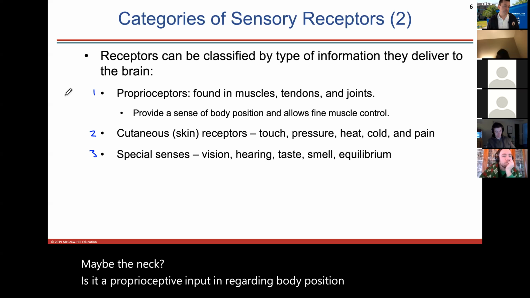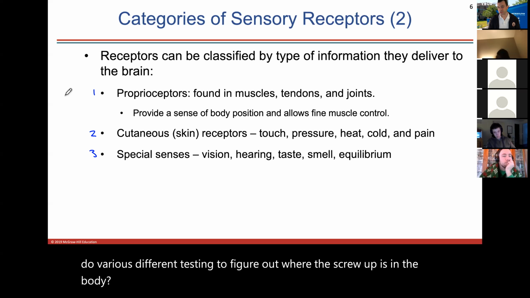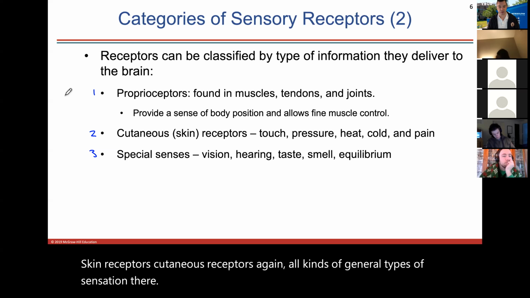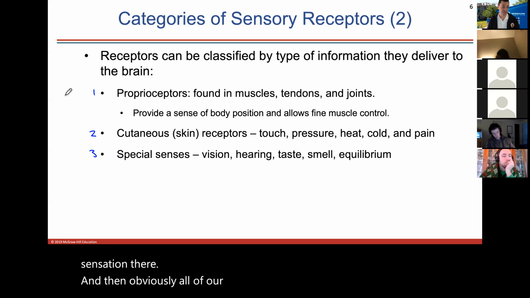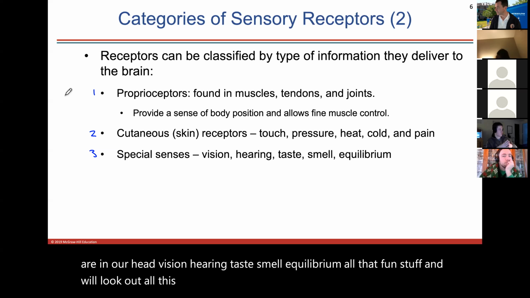So you can do various different testing to figure out where the problem is in the body. Skin receptors, cutaneous receptors, again, all kinds of general types of sensation there. And then obviously all of our special senses, and all of our special senses are in our head. Vision, hearing, taste, smell, equilibrium, all that fun stuff. And we'll look at how all this happens up in that little head of ours.